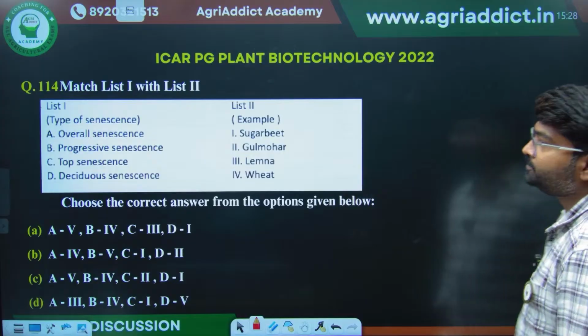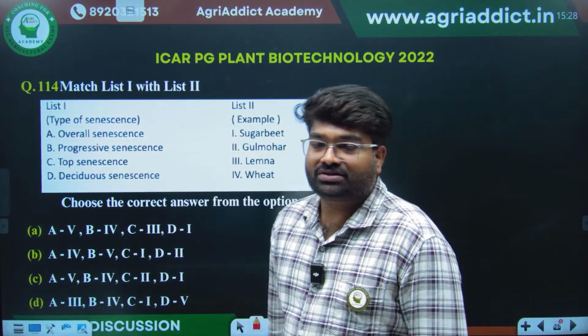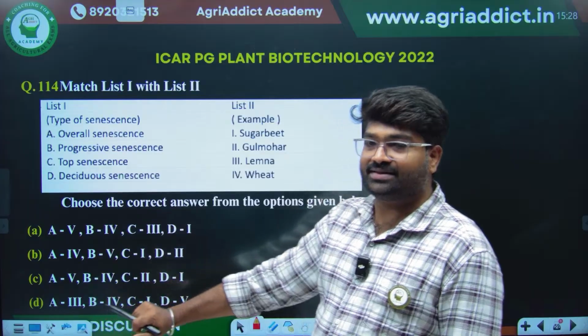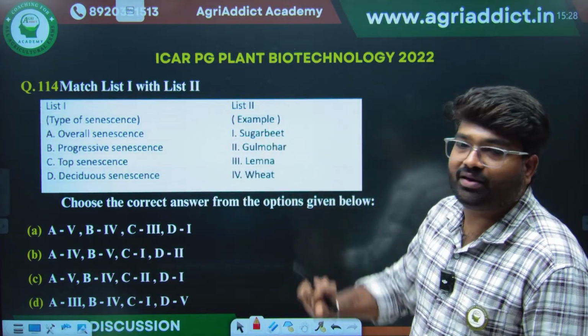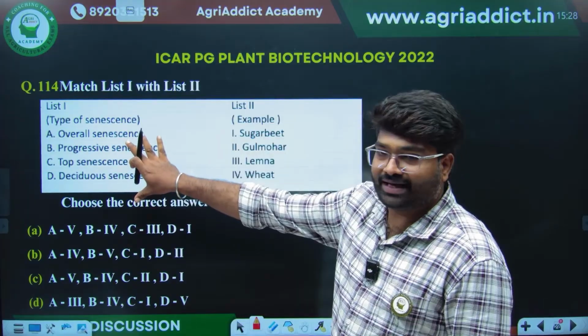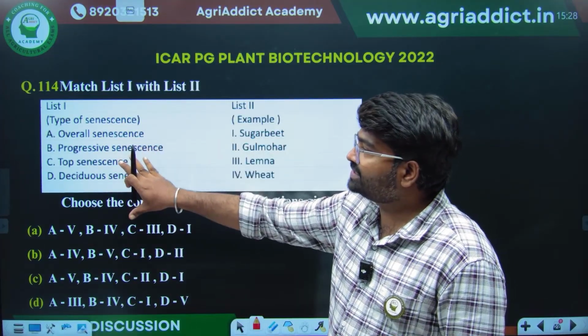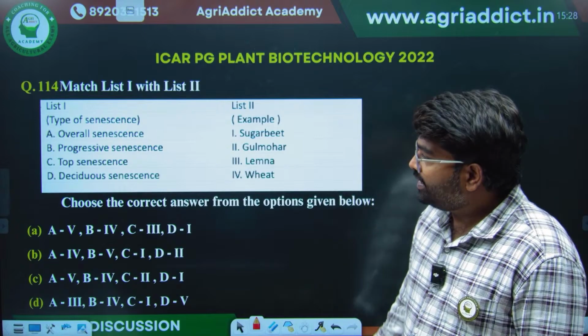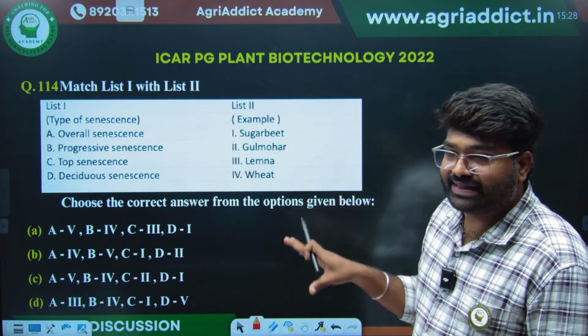Very good. Another important question from senescence. They have given the different types of senescence and the example of the crops. We just have to match. Overall senescence, progressive, top senescence and deciduous senescence. We have to match with the particular example of the crop.